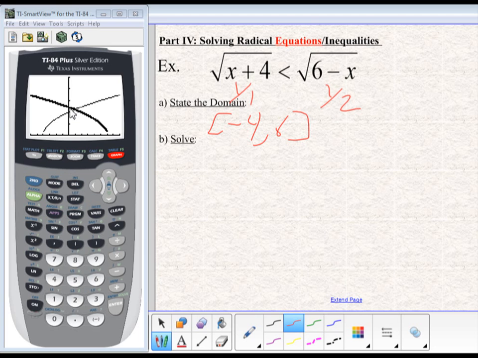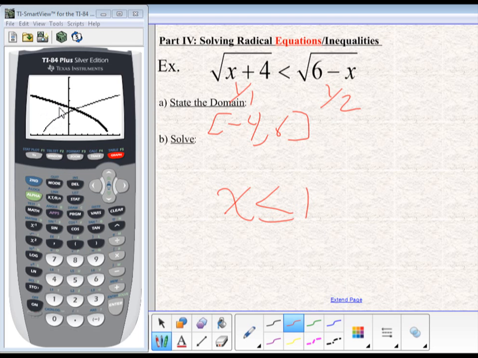Here they're equal. Now here is where they become bigger. So you see now that y2 is bigger than y1. As I keep going out, it's bigger, bigger, bigger. So it looks like any x values to the left of 1. So in other words, when x is less than or equal to 1, y2 is bigger than y1.